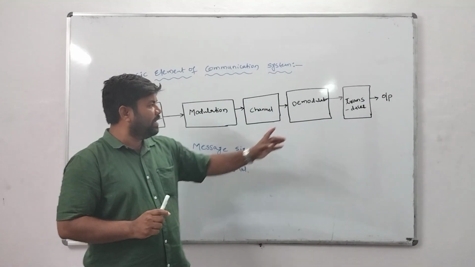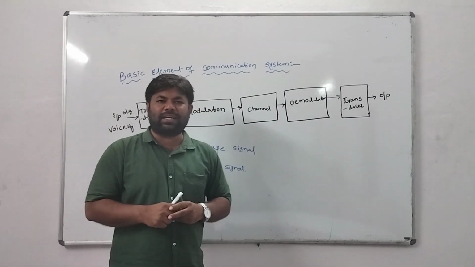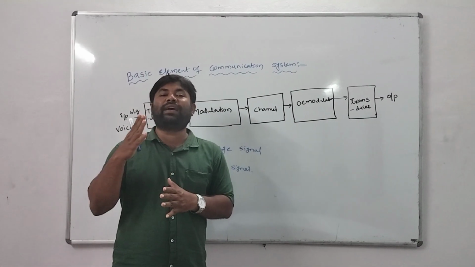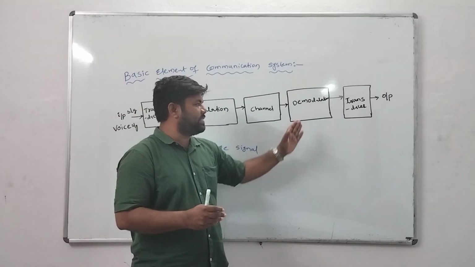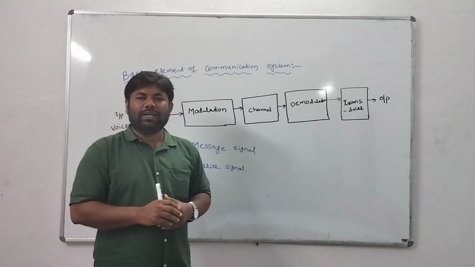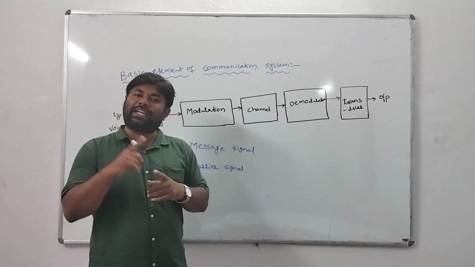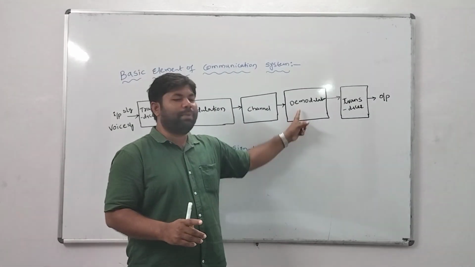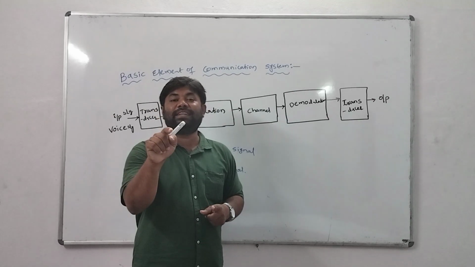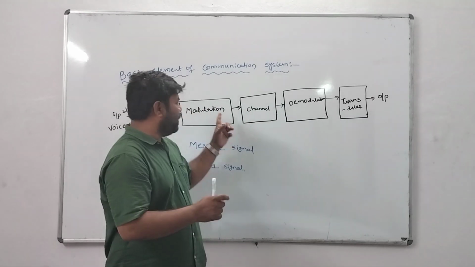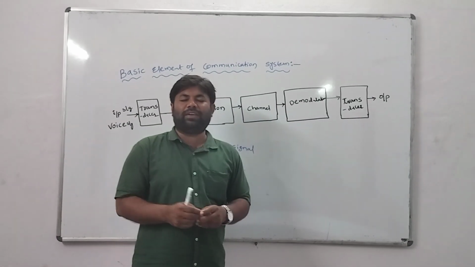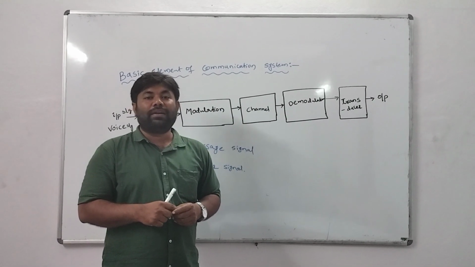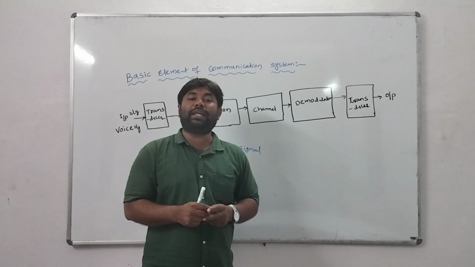In the same way, demodulation means recovering the original signal. In modulation we do the transmitter part, but in demodulation we do the receiver part. Just as modulation uses encoding, demodulation does the decoder part.